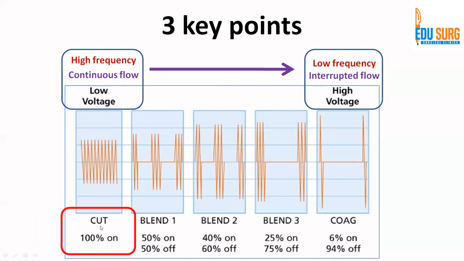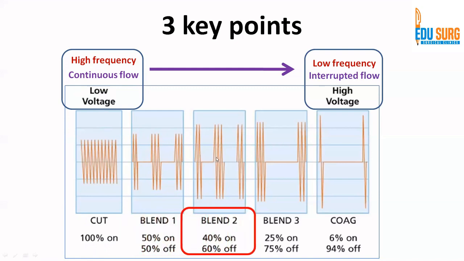CUT setting on your machine. Continuous flow means that the current is 100% on, right? Now going to blend one, it is 50% current on, 50% current off. The voltage is slightly higher, the frequency is slightly lower.